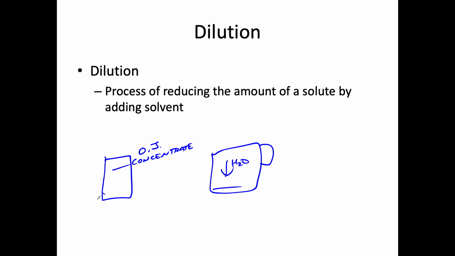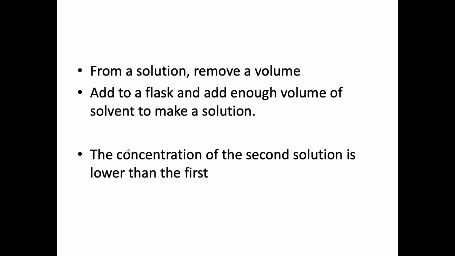And in chemistry, we do the same thing. So what we have is a flask, and we're going to take so many mils out. We'll take a volume out, say about 5 mils, and put it into another flask.